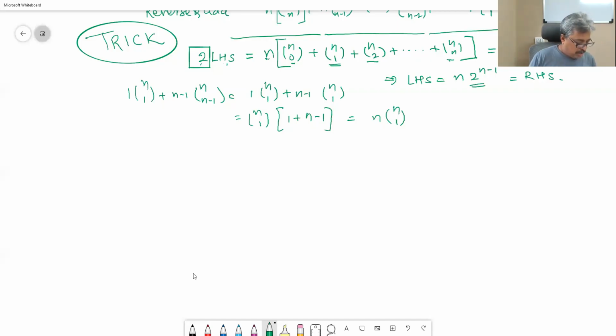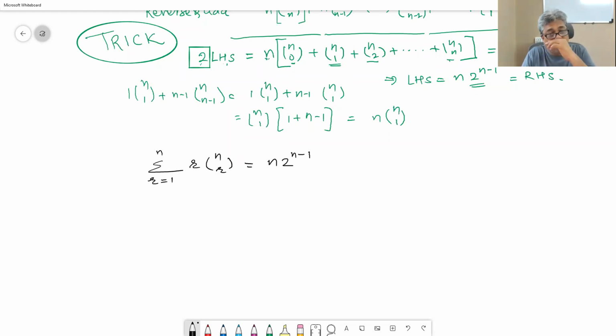So now let us write the given problem in sigma notation: sigma r goes from 1 to n, r times n choose r is equal to n into 2 raised to n minus 1. Okay, that is how.